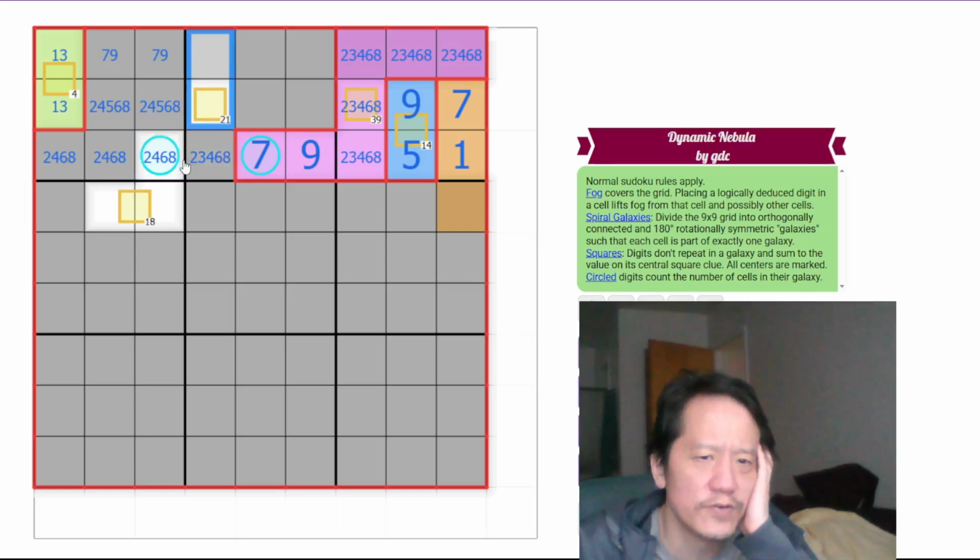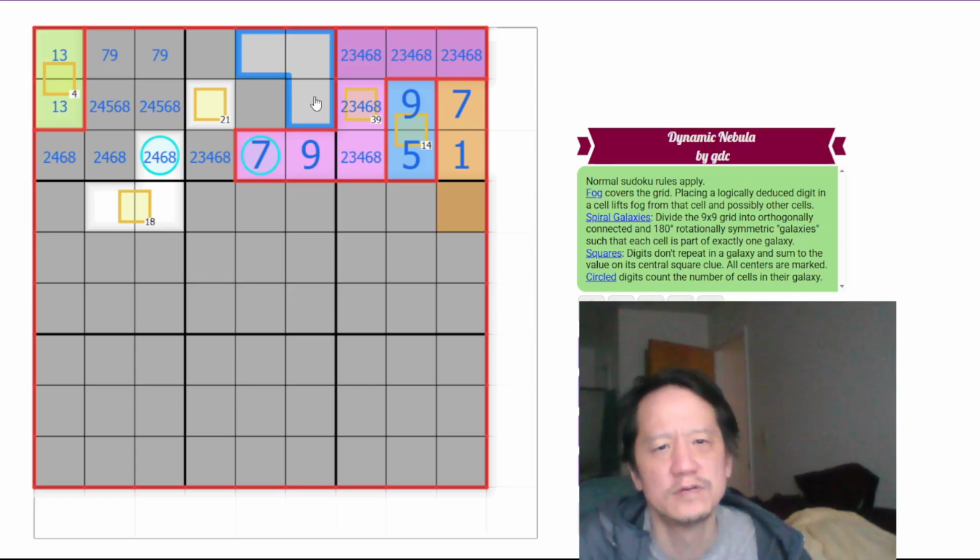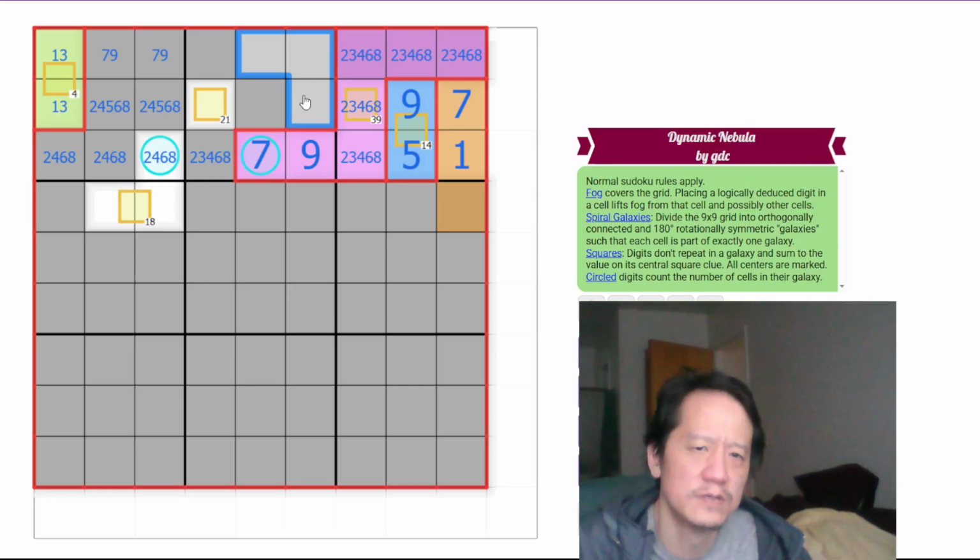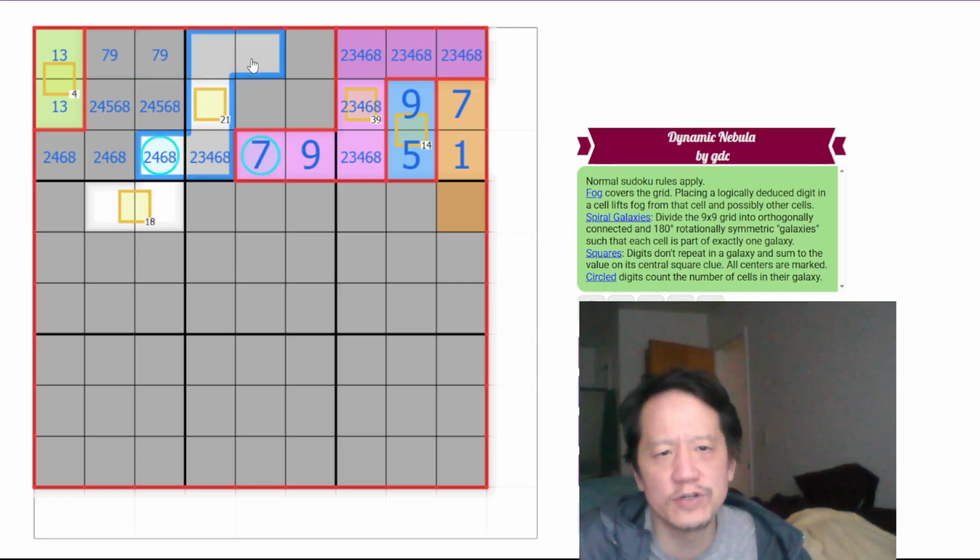This is confusing here. It can't be all 5, but you can't have a cross because this is not 180 degrees symmetric then. But we can't go this way because that's not 180 degrees symmetric. If we try to go that way, this would be 5, which is not allowed.